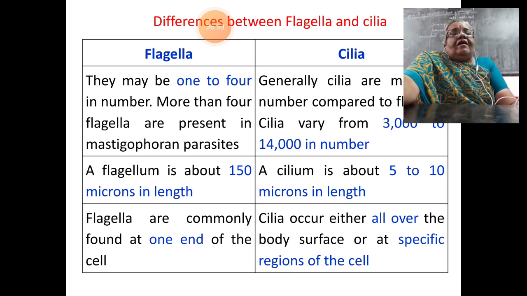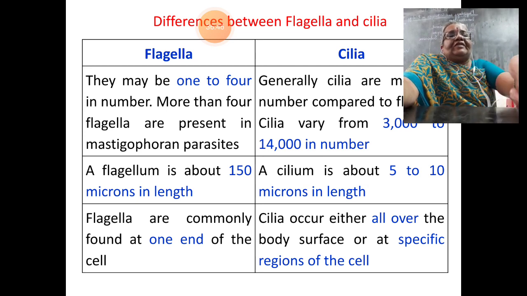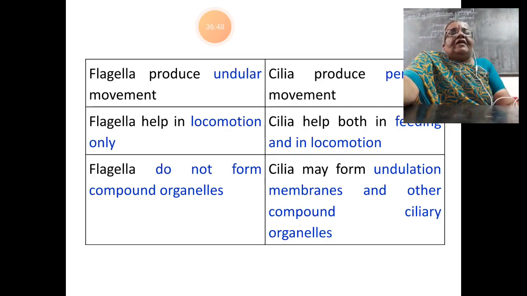Then flagella are commonly found at one end of the cell, normally the anterior end, whereas cilia occur either all over the body surface or at particular specific regions of the cell, as I have already explained. Then flagella produce undular movements.